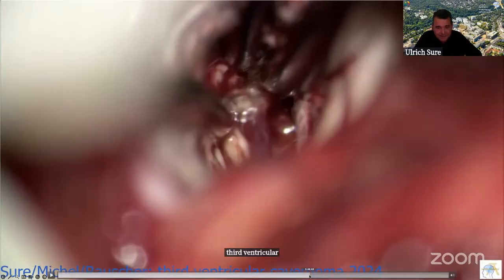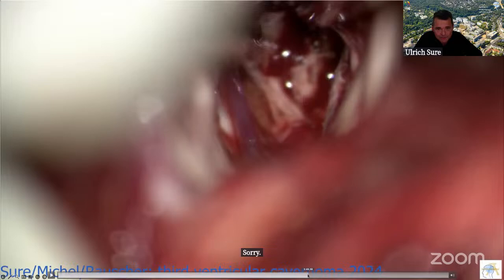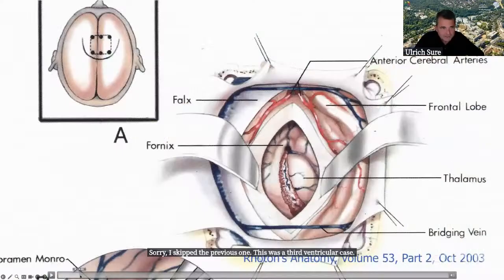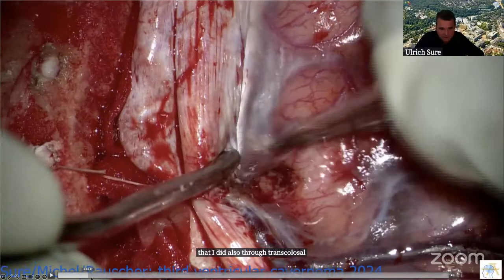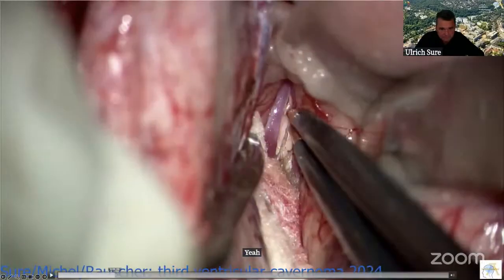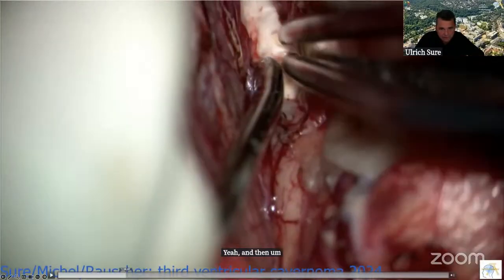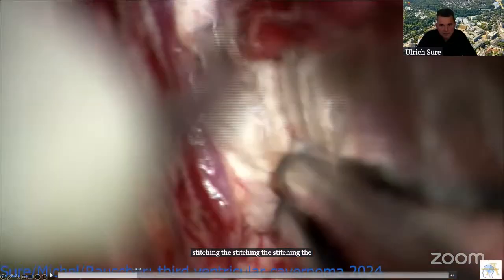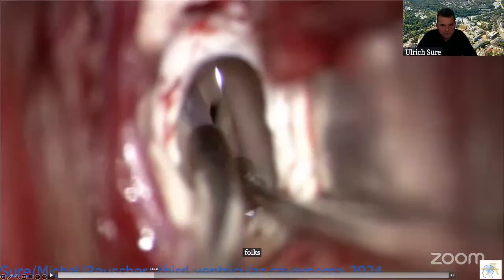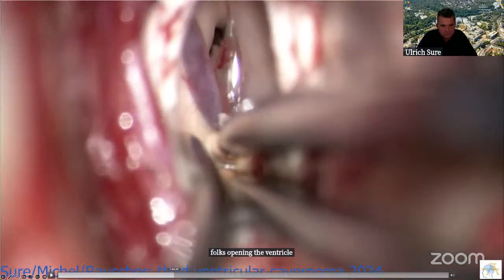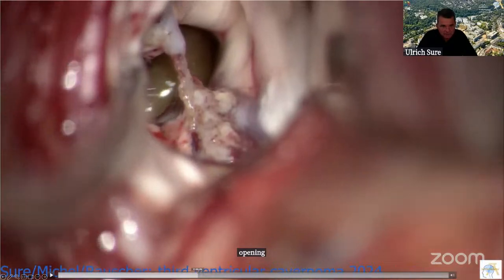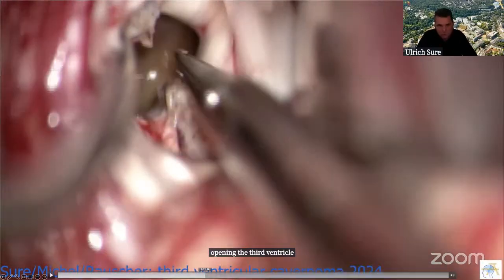Okay, this was already a third ventricular case. Sorry, I skipped the previous one. This was a third ventricular case that I did also through a transcallosal approach here, and then stitching the falx, opening the ventricle, and opening the third ventricle here, and then you saw before what I did.